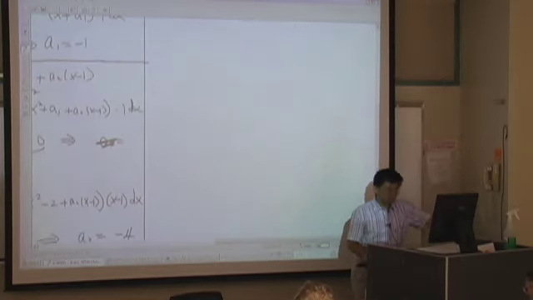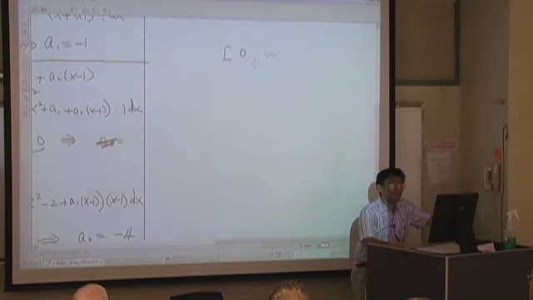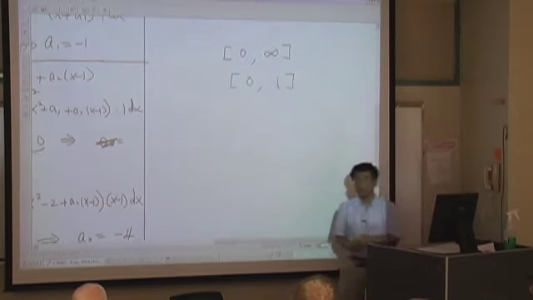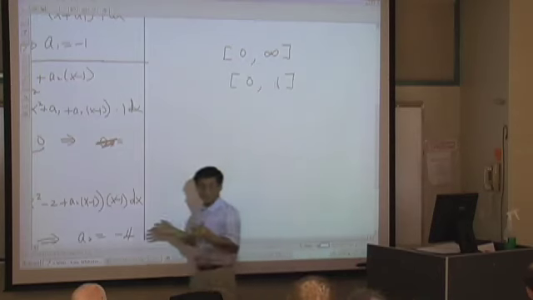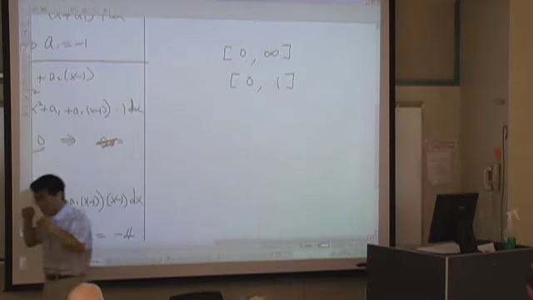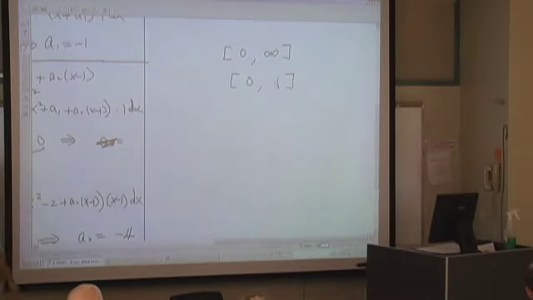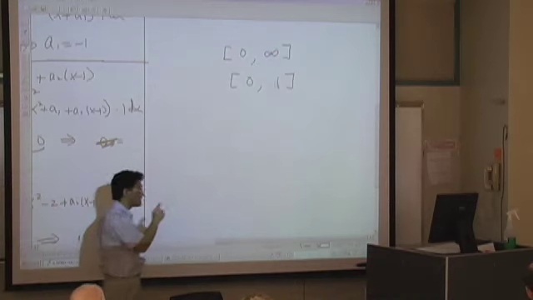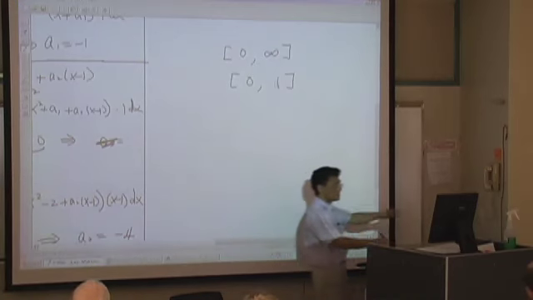So intentionally, I will change the inner product. The interval is not from 0 to infinity anymore. I will change the interval from 0 to 1. Because of this change, suddenly everything should change. So I will find psi 0, psi 1, psi 2, and so on. Maybe 2 functions at least.